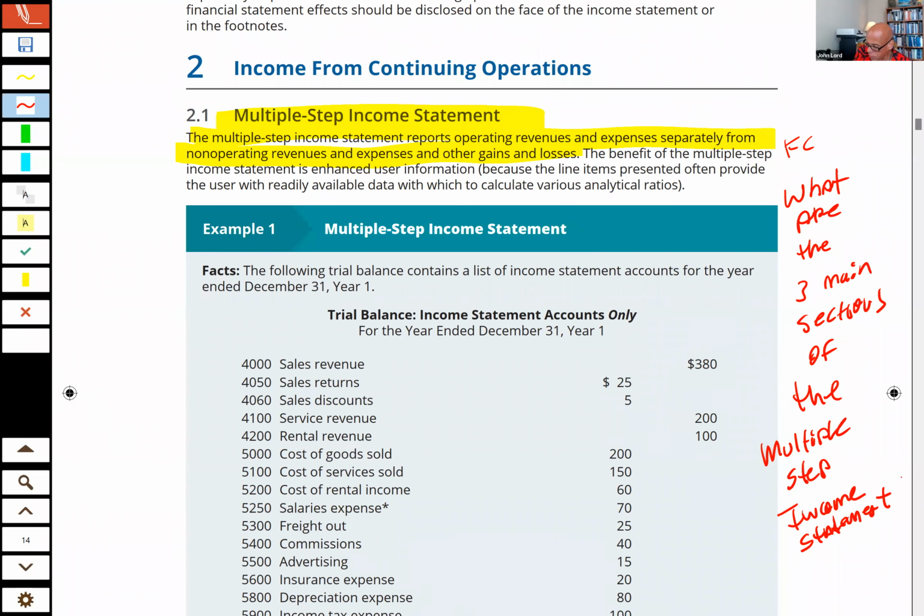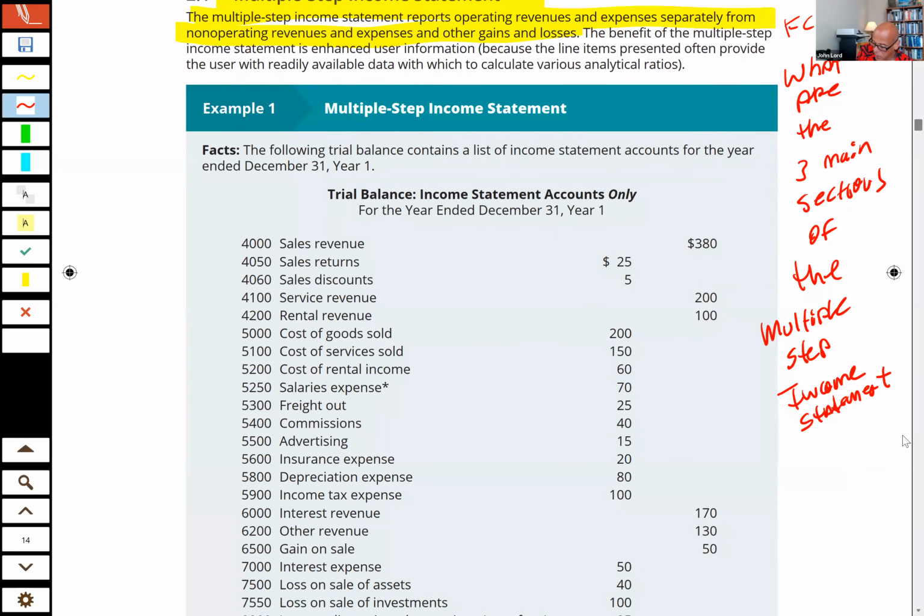What are the three main sections of the multiple step income statement? One, there's an operating section. Two, there's a non-operating section. And three is tax. Okay, so we have operating, we have non-operating, and then we have tax.